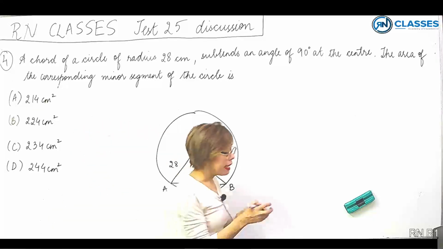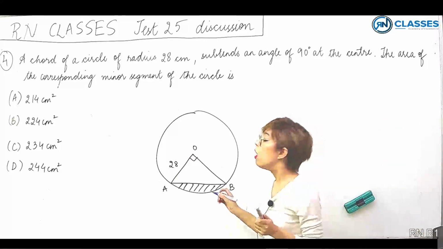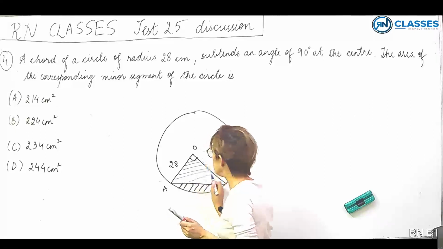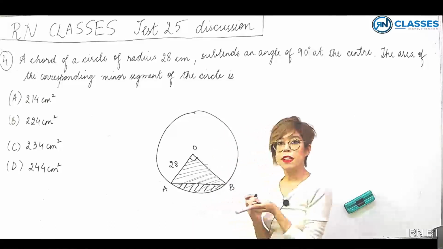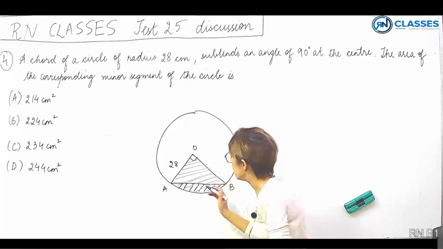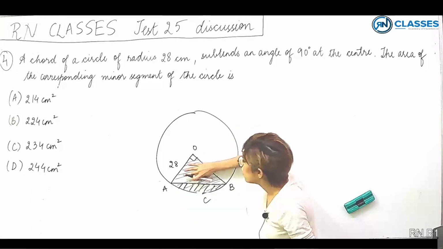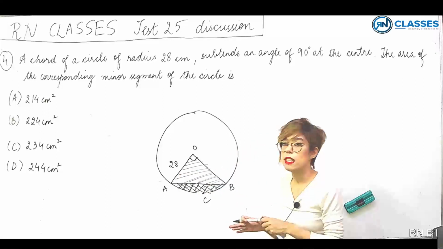Now I know I can easily find the area of the minor segment. How? If I subtract the area of this triangle from the entire sector. Right? If from the sector OACB, let's name this C, the entire sector, if I subtract the area of this triangle, I'll be left with this area of the minor segment.